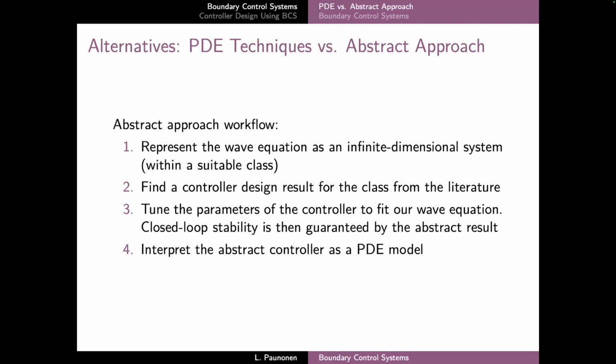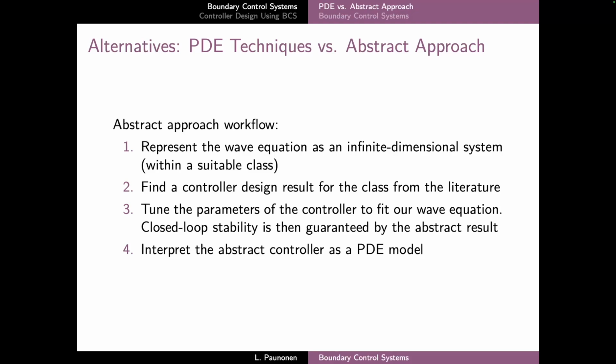This gives us a general controller structure, and it also gives us information on how we should choose or tune the parameters of our controller in such a way that it fits the wave equation we're studying.